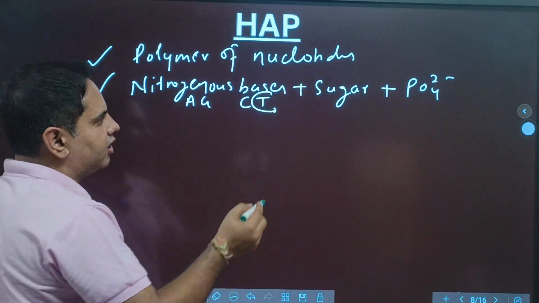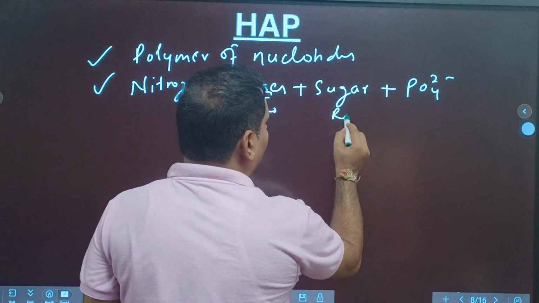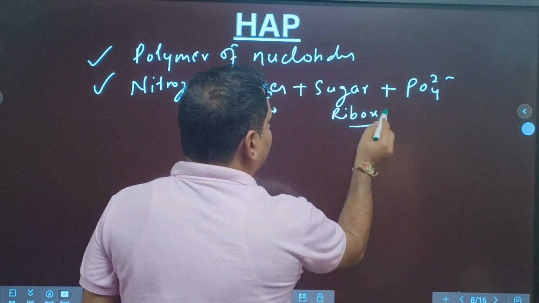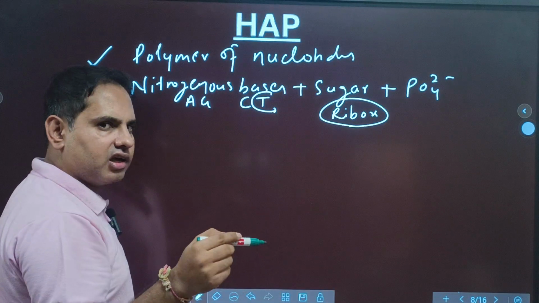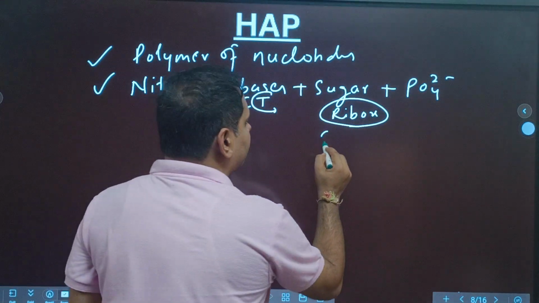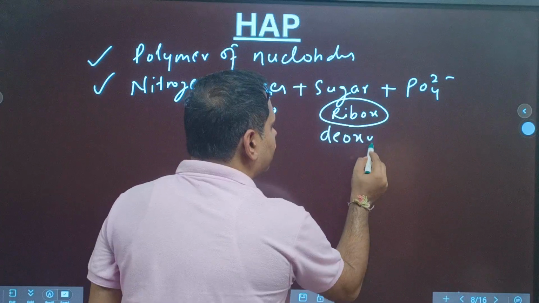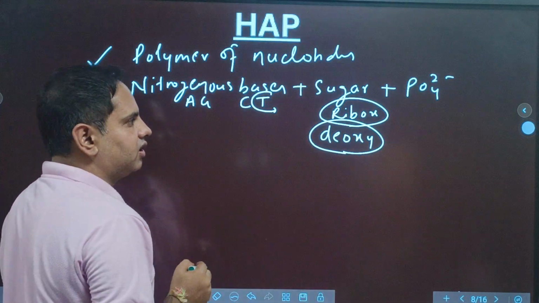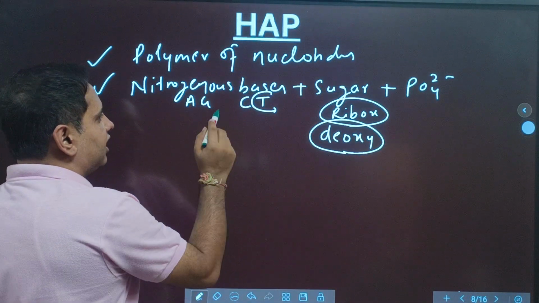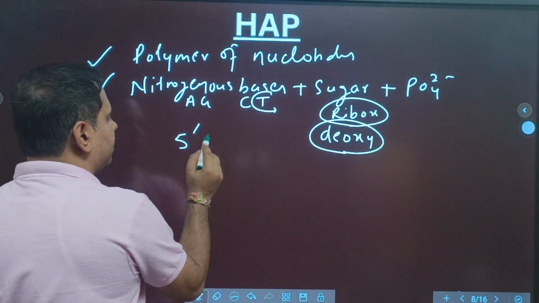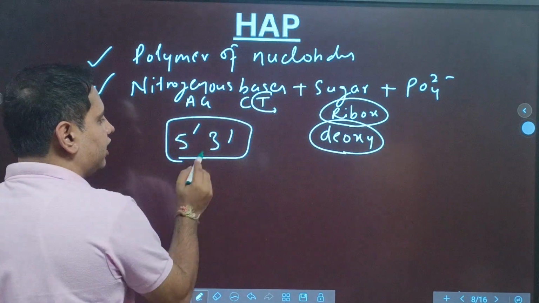that is for RNA. Sugar is a pentose sugar, also called ribose, and ribose sugar is used for RNA, and for DNA you have to remove the oxygen, that's why we call it deoxyribose nucleic acid, and phosphate will be the same. And the phosphodiester linkage is made from 5' to 3'.